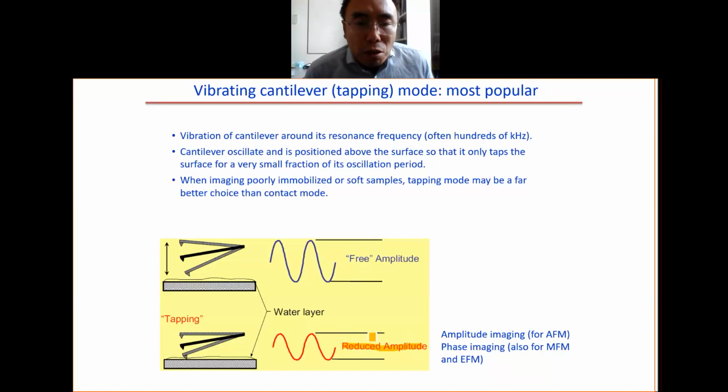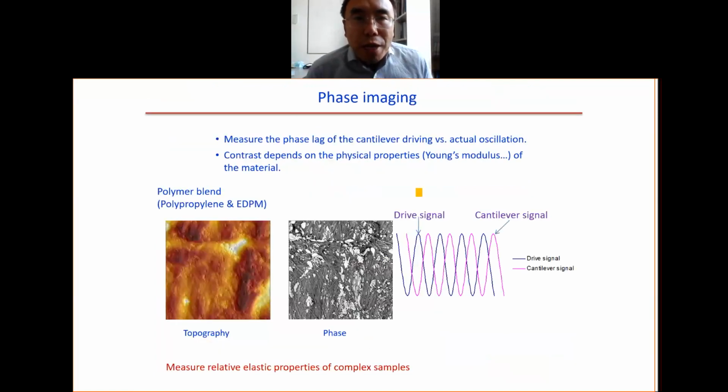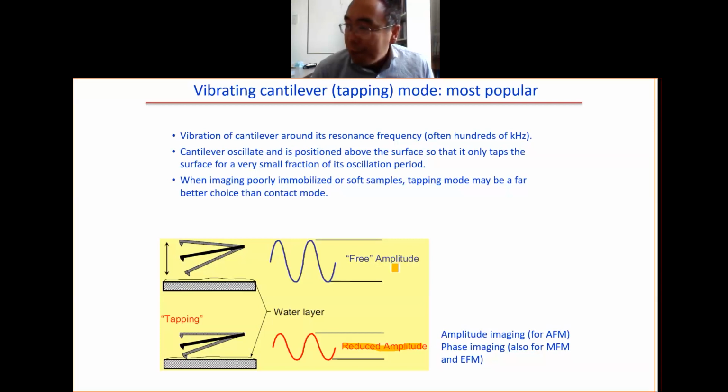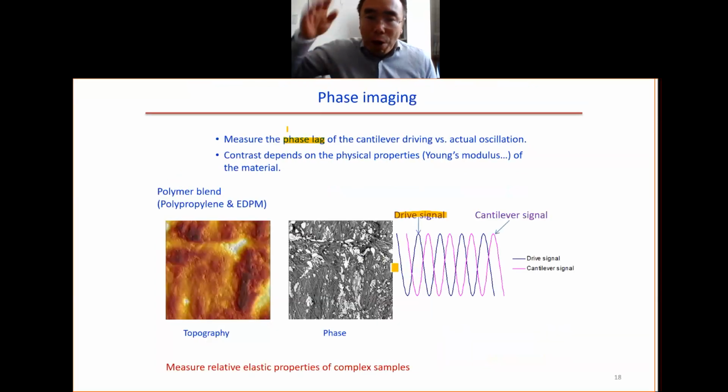We can not only measure the amplitude, we can also measure the phase. For the phase measurement, we measure the phase lag. This is the drive signal: at the handle part of the cantilever, we vibrate. This is the drive signal, and this is the cantilever signal.